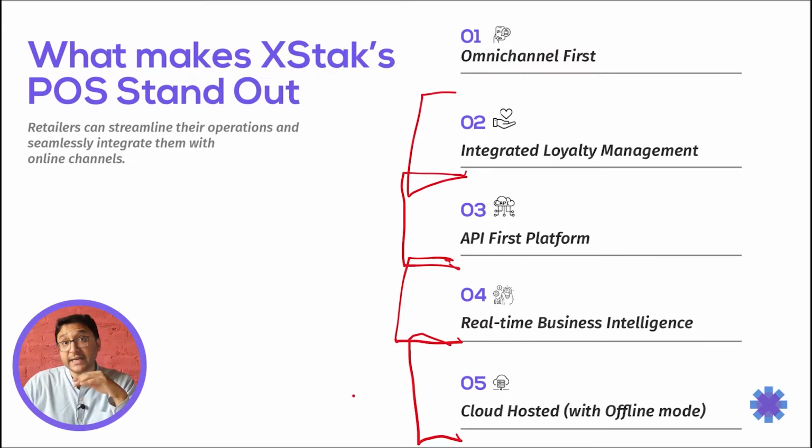We do recognize that it's extremely important to have an offline mode capability, even though we are a cloud-based platform, and that has been baked into our point of sale module as well, where if there is a connectivity issue at any one of the locations, that location can operate in an offline mode, and then as soon as connectivity is re-established, all that syncing happens so that all systems are then reconciled at that point.